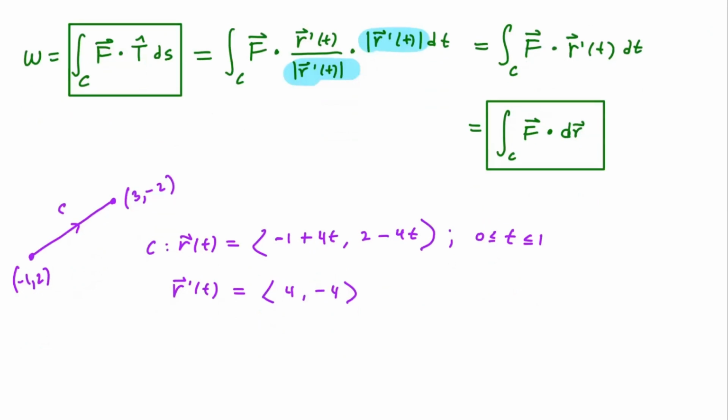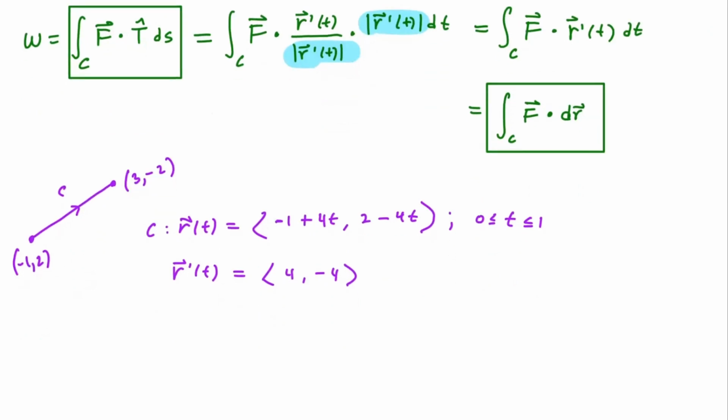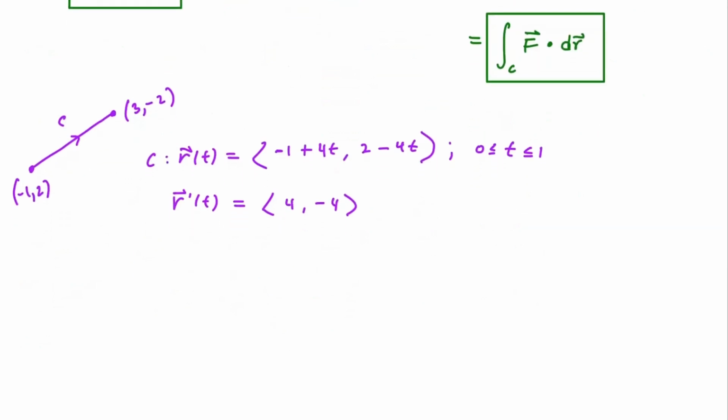All right, so let's go ahead and evaluate. I'm going to rewrite the integral for you one more time. Work is going to be the integral along the curve C of F dot dr, which is really the integral from some a to b, which are the t values, of F evaluated at r of t dotted with r prime of t dt.